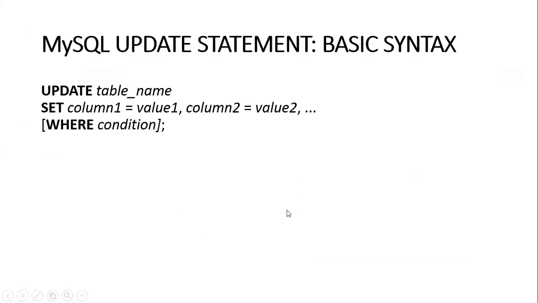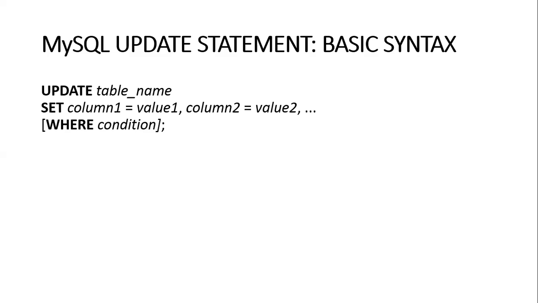Now, this is the basic syntax of the update statement, and this is the syntax we are going to use today. There's a syntax that is a little bit more detailed than this, which we will use later. But most times when you do the update statement, this is the statement you use.